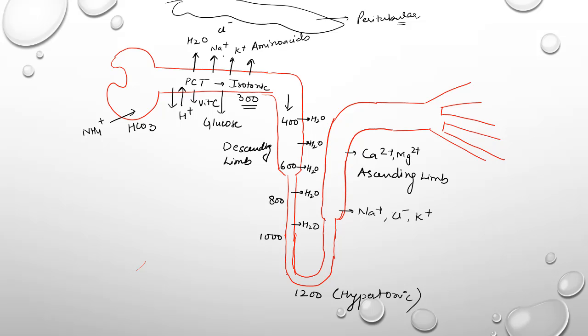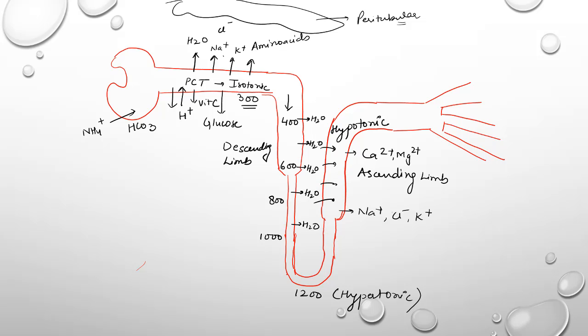At the level of DCT, it becomes hypotonic, because now it will release all the metallic salts, solutes, and water will come in.